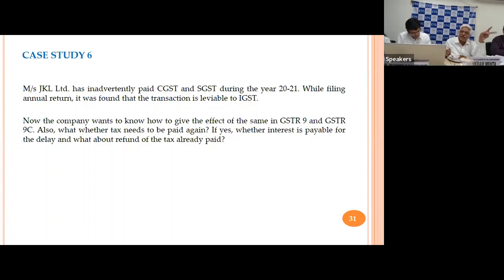Although you are taking a refund of CGST and SGST, you have paid IGST now. So from the date when you paid IGST, your two-year period will begin. So you still have two years to claim. It will not be said that the date has lapsed and, if you are filing late, you are not entitled to a refund. That situation will not arise. They have clearly clarified on that issue.